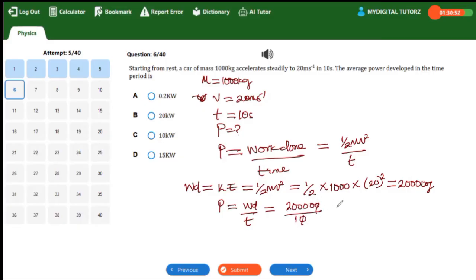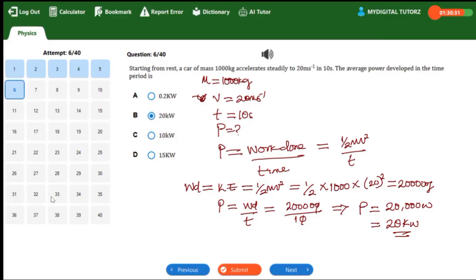So 0 cancels 0. That implies our power is equal to 20,000 watt. In terms of kilowatt, divided by 1,000, that will give us 20 kilowatt as our power. Therefore, option B is the correct answer. I hope we are together.